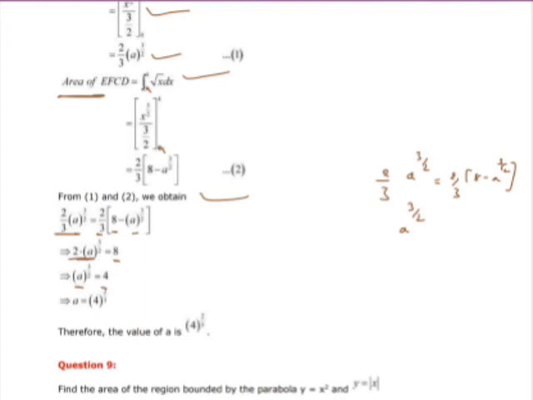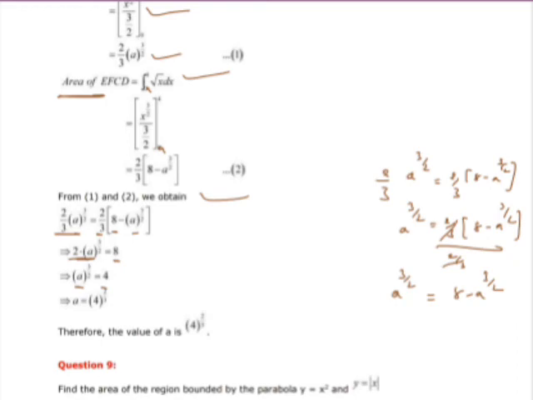So the value is 2 by 3, 2 by 3. When you take this 2 by 3 here, 2 by 3 into 8 minus a to the power of 3 by 2, 2 by 3, 2 by 3 get cancelled. So only a to the power of 3 by 2 remains, 8 minus a to the power of 3 by 2.